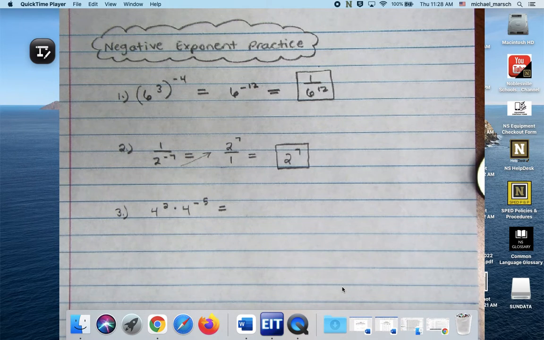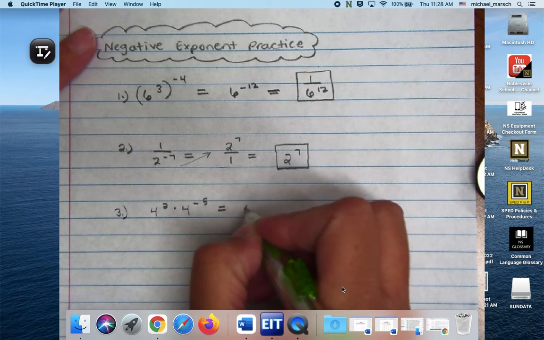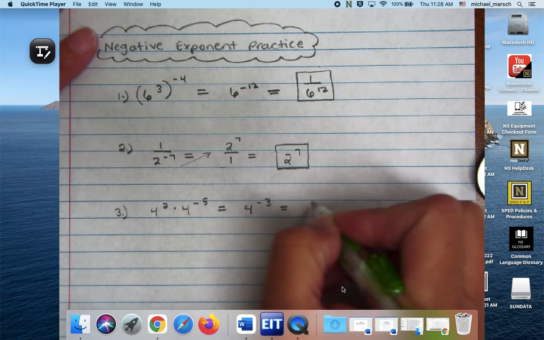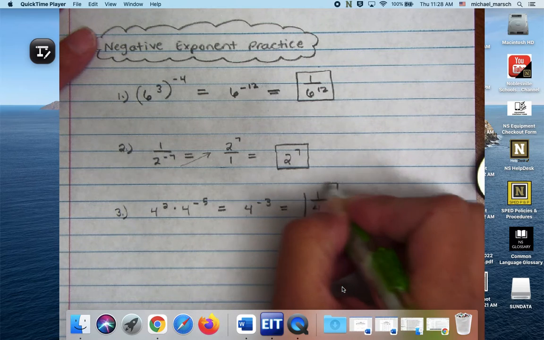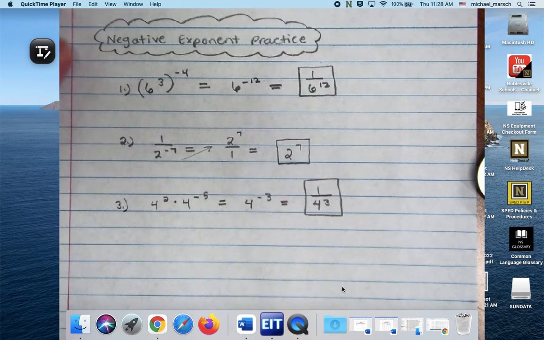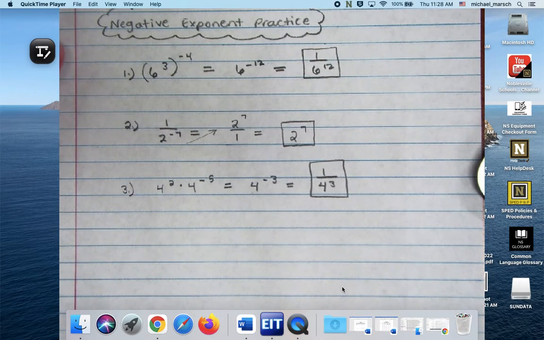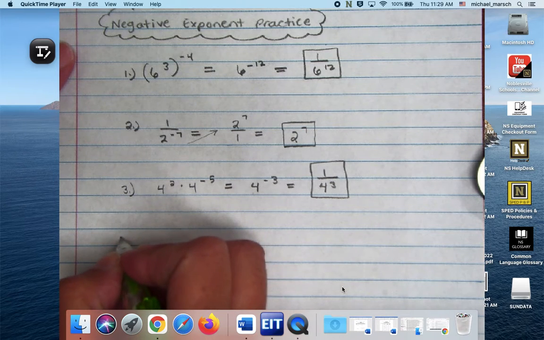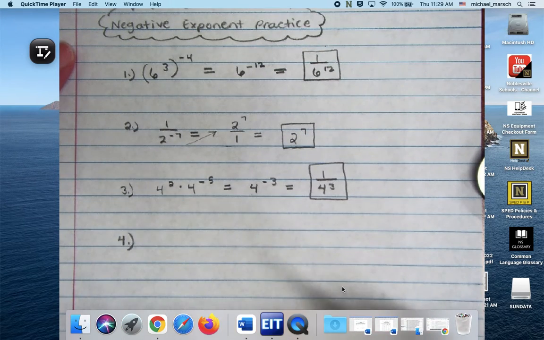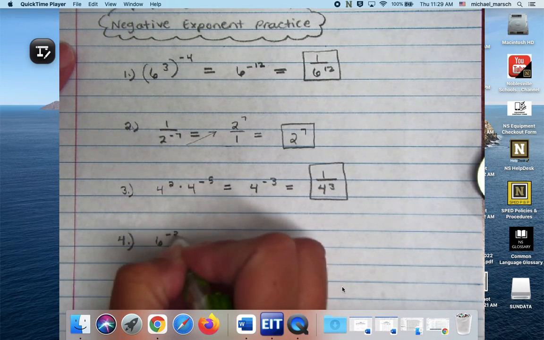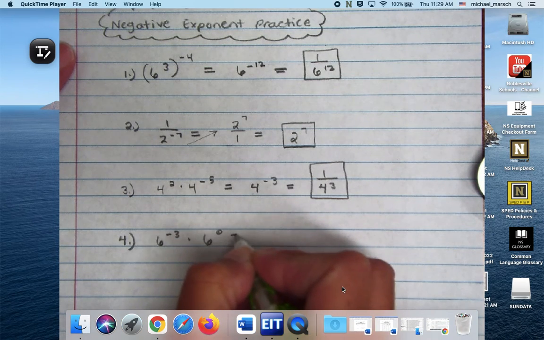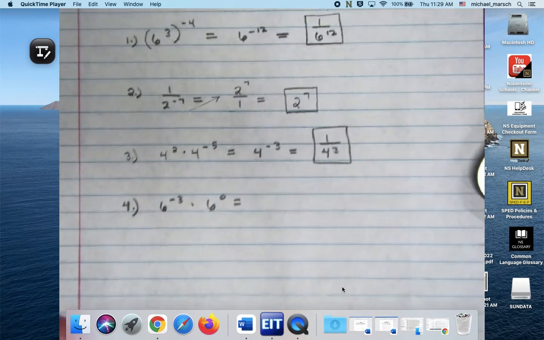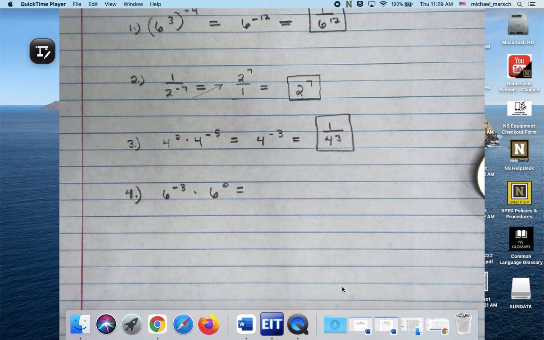Landon? Perfect, thank you. 1 over 4 to the 3rd. 2 plus negative 5 is negative 3. 1 over 4 to the 3rd. How about 6 to the negative 3rd times 6 to the 0 power?